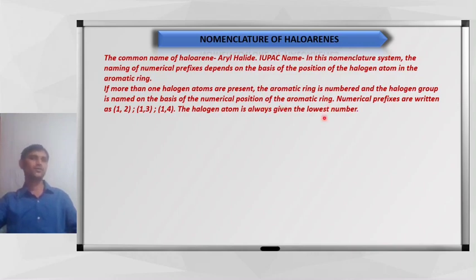That means 1 2, 1 3, 1 4, 1 2 3 5, or 1 2 3. According to this, we do the numbering and always give the lowest number. The halogen atom is always given the lowest number. So that is very important. And if it is a common system, then we write the ortho, meta, para positions.